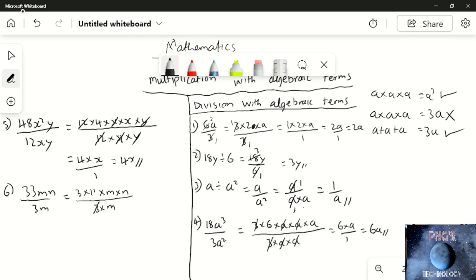So 3 cancels 3, n cancels n, so we are left with 11 times m, which is equal to 11m, and that's our answer. With this, we can bring this lesson about division with algebraic terms to an end.